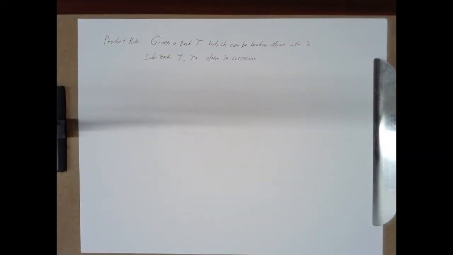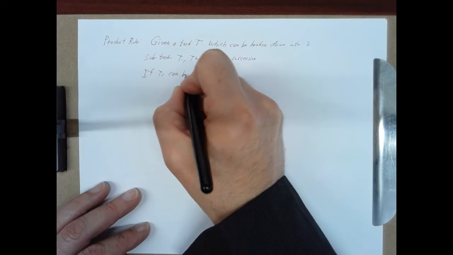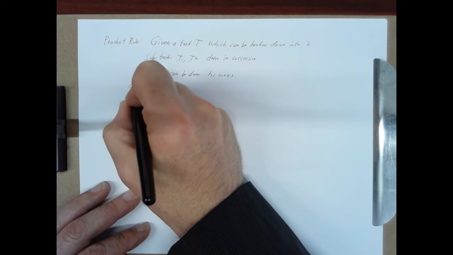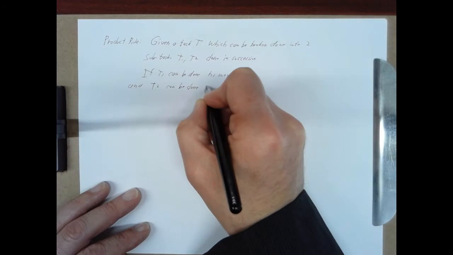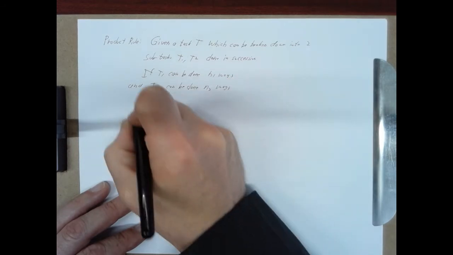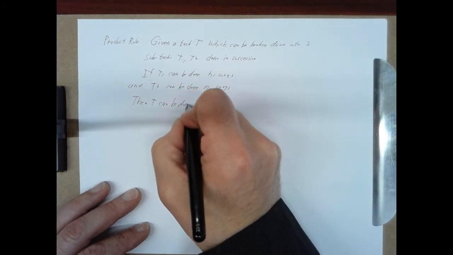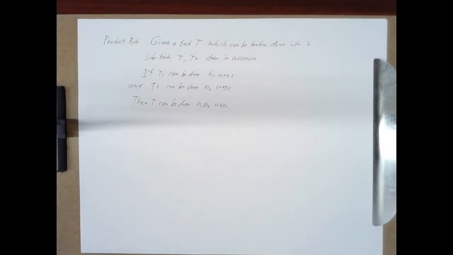So we've got some task we're trying to do. We can split it into two tasks, T1 and T2, such that first you have to do T1 and then you have to do T2. So if T1 can be done N1 ways, and T2 can be done N2 ways, then T can be done N1 times N2 ways. That's the product rule.